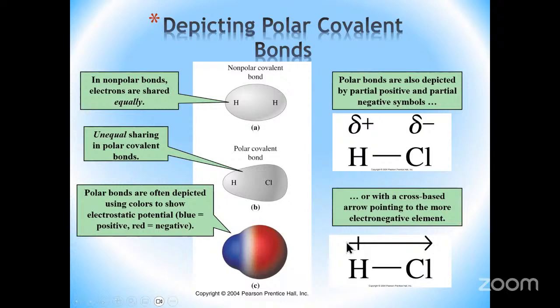So the way we represent the direction of the dipole is an arrow with a cross at the tail of it. That's the convention used to represent the dipole within a bond and also within a molecule. We're going to talk about how we determine whether or not a molecule is polar, all right? But now we're just talking about the polarity of bonds.